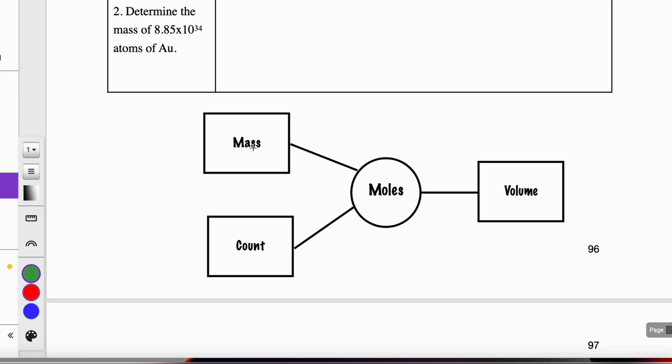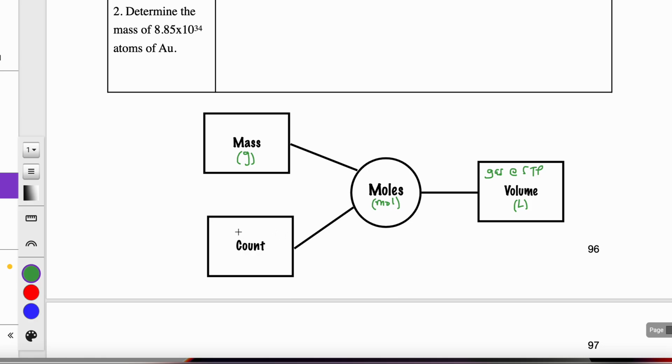If we need to calculate a mass or we're given a mass, we will see it tagged with the unit of G. If we need to calculate the mole or we are given the number of moles, the unit symbol is MOL. If we need to determine the volume of a gas that is at STP, or determine the number of moles of that gas, as long as it's a gas and at STP, the volume needs to be in liters.